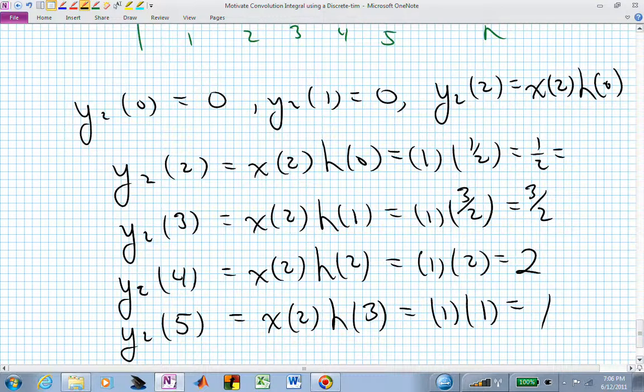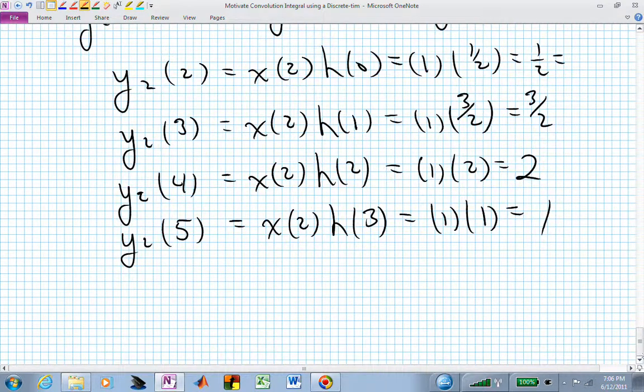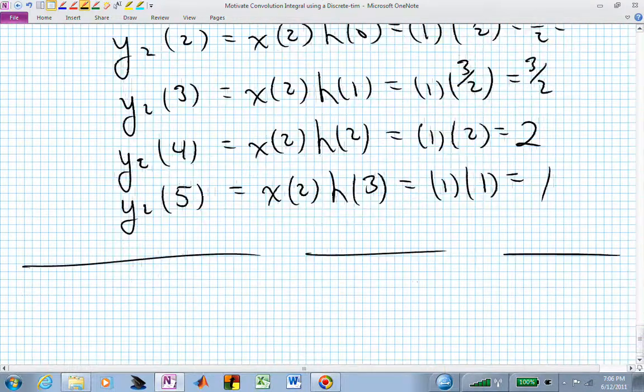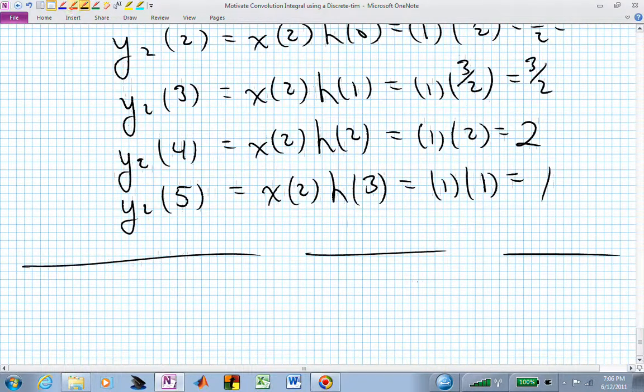To determine the total output response, we need to simply add up all of these three components at the appropriate points in time. We've now looked at this in pieces. We created the first piece due to an input at time n equals 0.